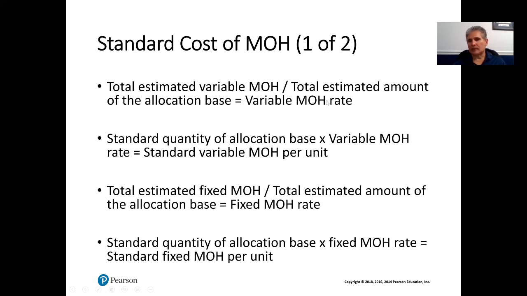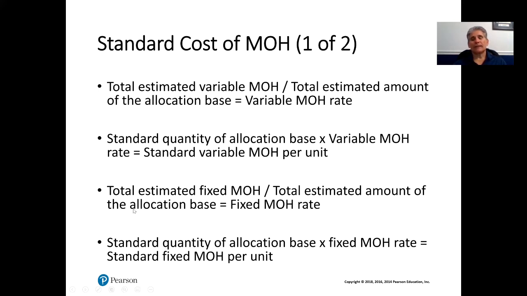We're coming up with a rate. We've done something similar before, so this shouldn't be very new for us. Once we've got that MOH rate, we're going to take the standard quantity of allocation base and multiply it by the variable manufacturing overhead rate. And that's going to give us the standard variable MOH per unit.